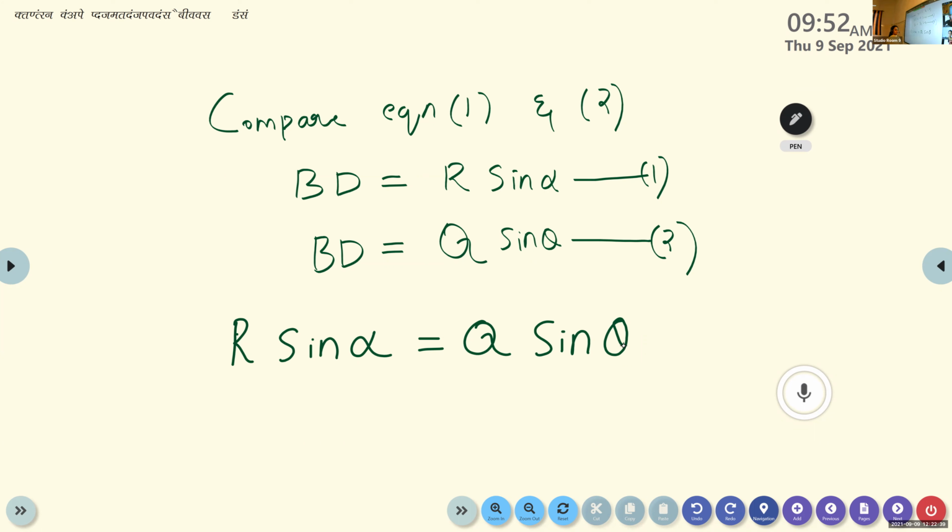Now by rearranging the terms, we are going to bring the sin theta to LHS and sin alpha to RHS. I want to bring the sin theta from RHS to LHS.